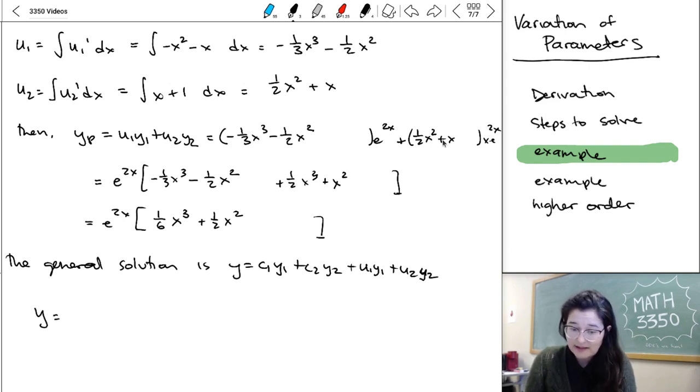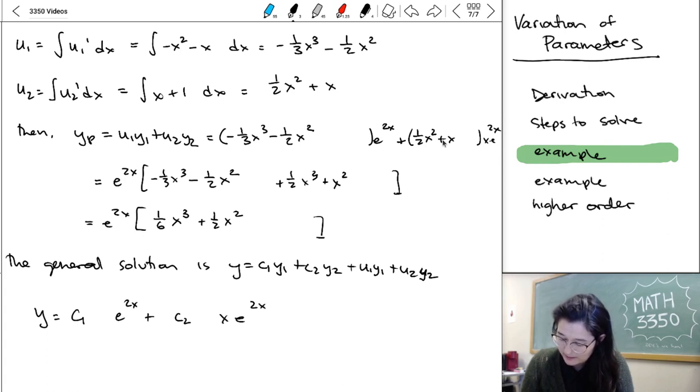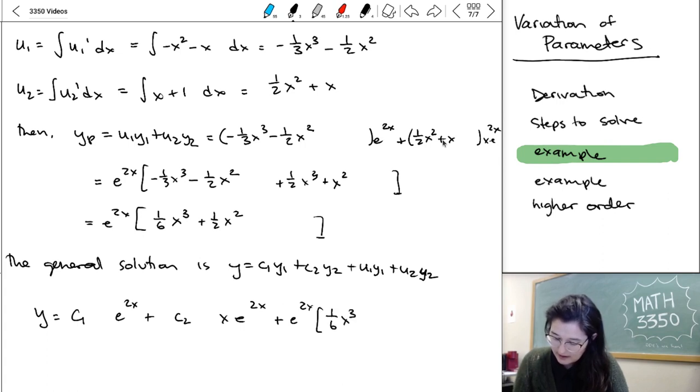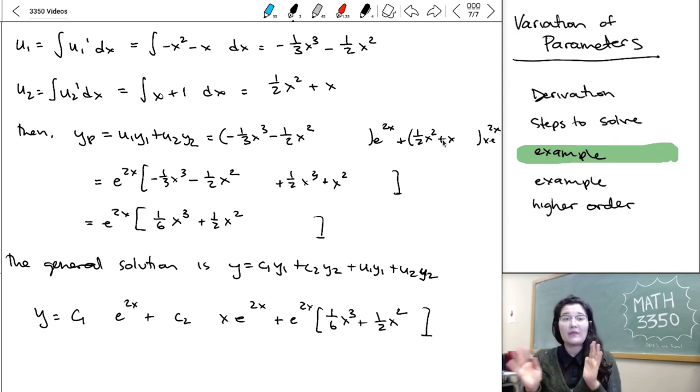So in this case, I've got c1 e to 2x plus c2 x e to 2x plus this particular solution, e to 2x times 1/6 x cubed plus 1/2 x squared. And that would be the answer to this problem.